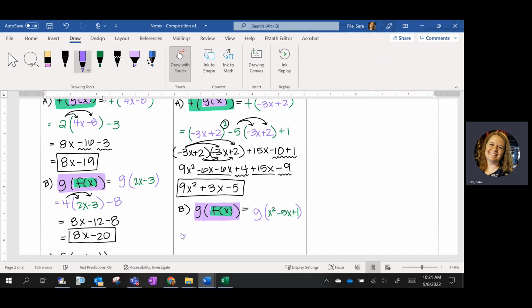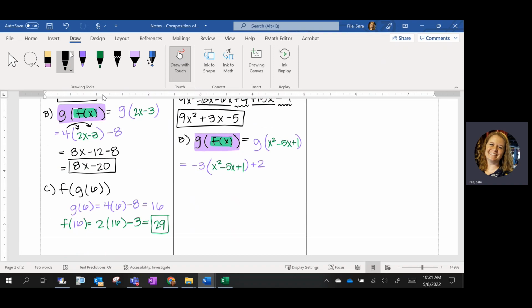The g function is negative 3x plus 2. So negative 3x plus 2, and I'm inputting into that x, the x squared minus 5x plus 1.